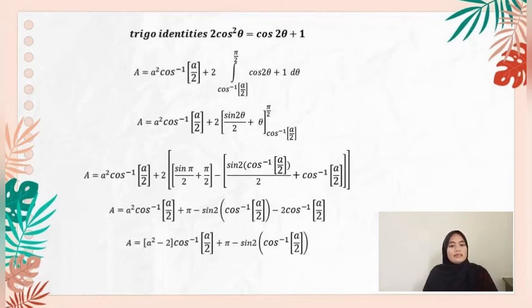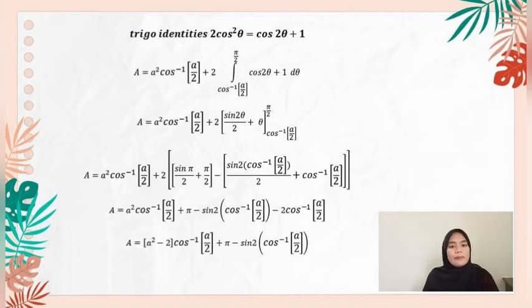We substitute the value of the limit and then we can get the area equal to A square cos inverse A over 2 plus 2 with the bracket sin pi over 2 plus pi over 2 minus with the bracket sin 2 cos inverse A over 2 plus cos inverse A over 2, close the bracket. Then we can get the area is equal to A square cos inverse A over 2 plus pi minus sin 2 cos inverse A over 2 minus 2 cos inverse A over 2.